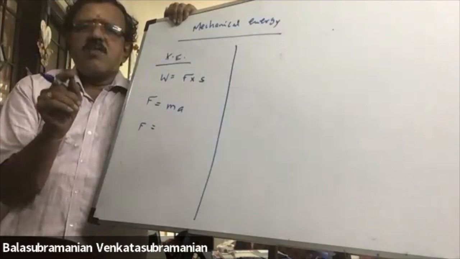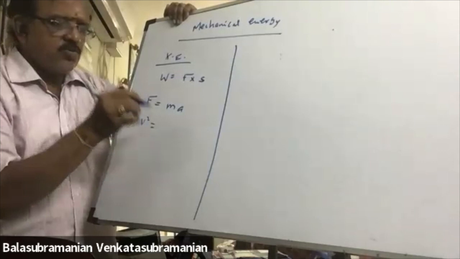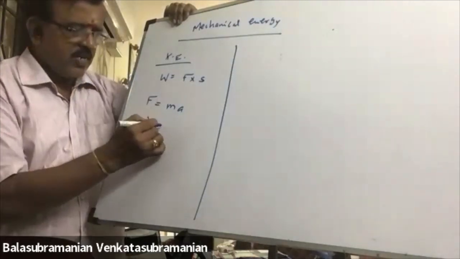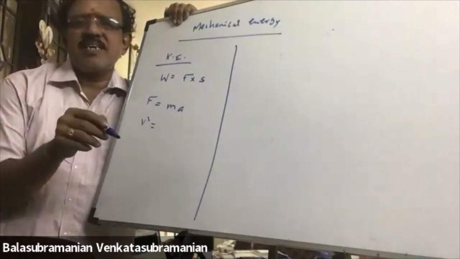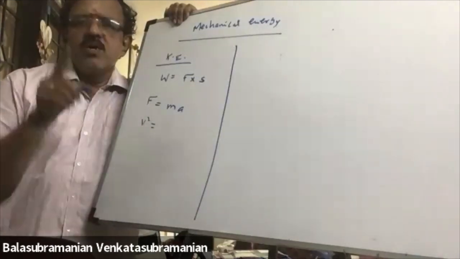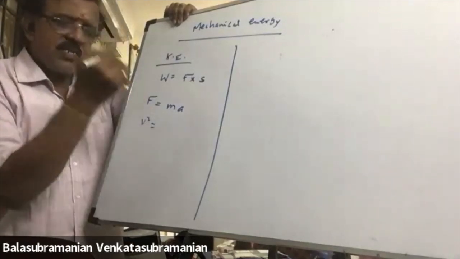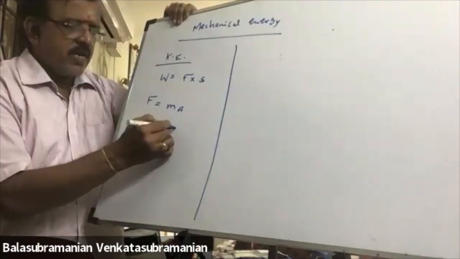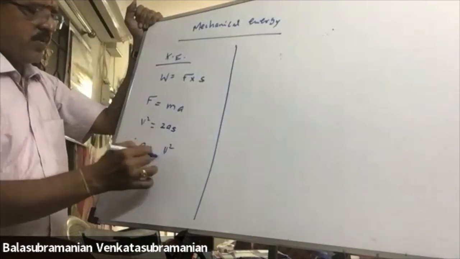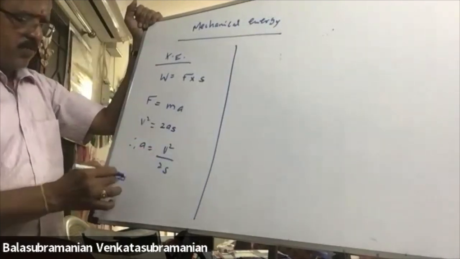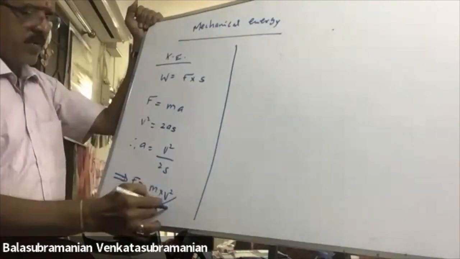Initial velocity of the body is 0. So v square is equal to u square plus 2as. Here u is 0, initial velocity. Body starting from rest, anywhere I use the term, initial velocity is 0. So v square is u square, that is 0, plus 2as. Therefore, a is equal to v square by 2s, which implies F is equal to m into v square by 2s.